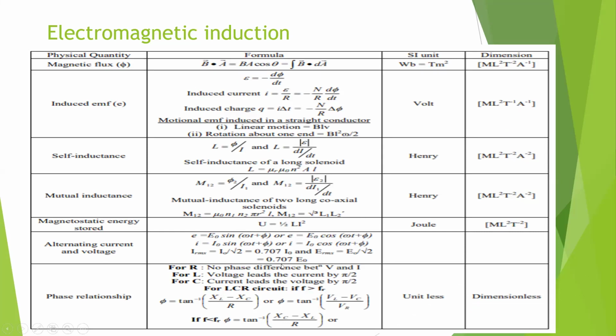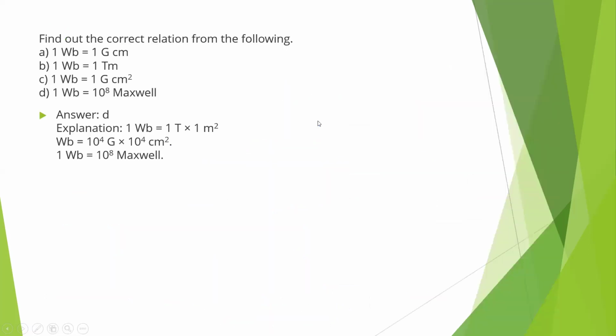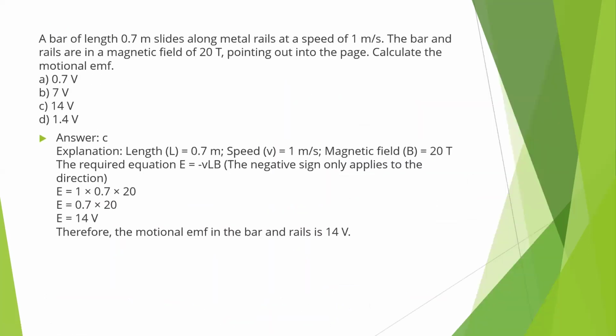Where is it? Yes, linear motion. You see, the motional EMF induced in a straight conductor is BLV. The same equation you have to put here.